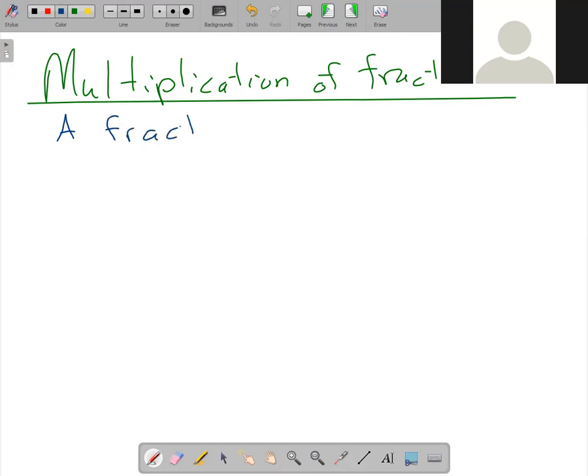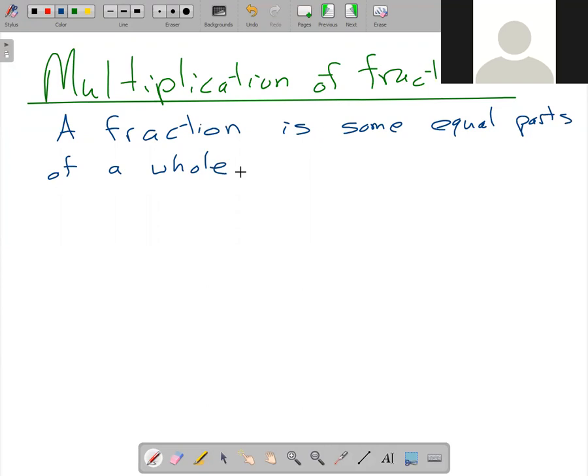We have other ones, like a division problem or a ratio, for example, or a point on a number line. But we're going to go with a fraction is some equal parts of a whole.